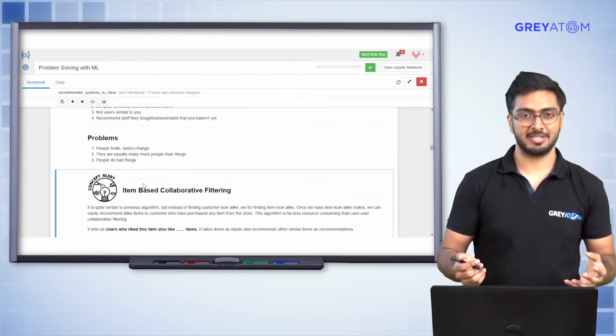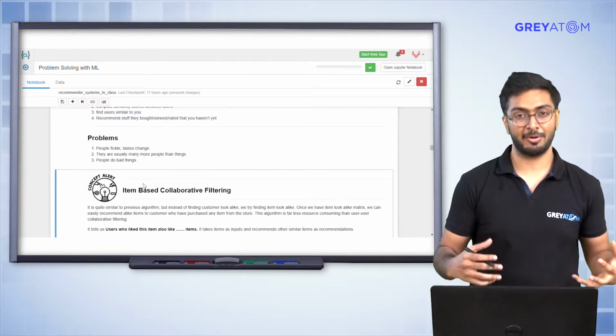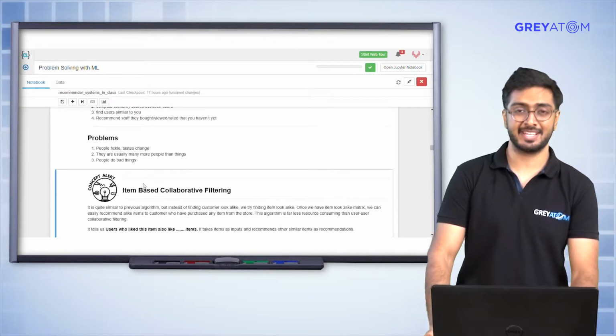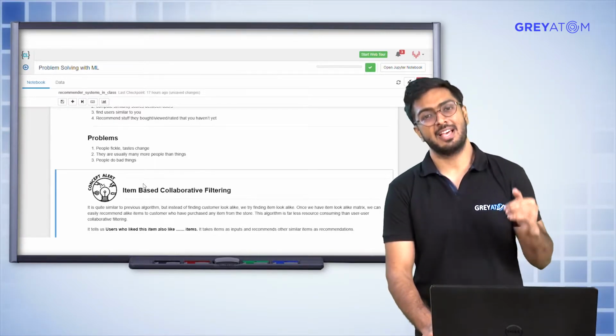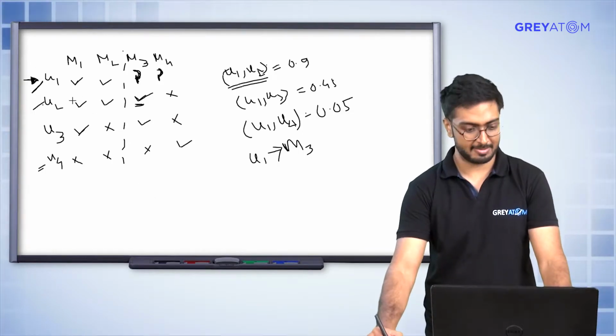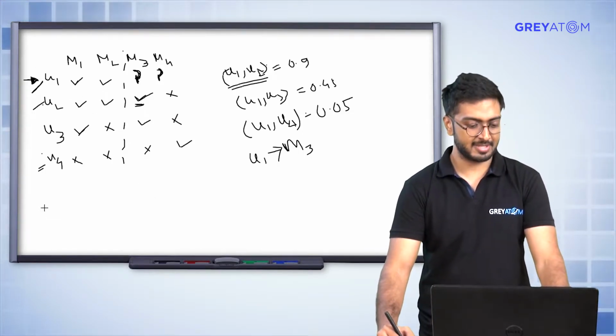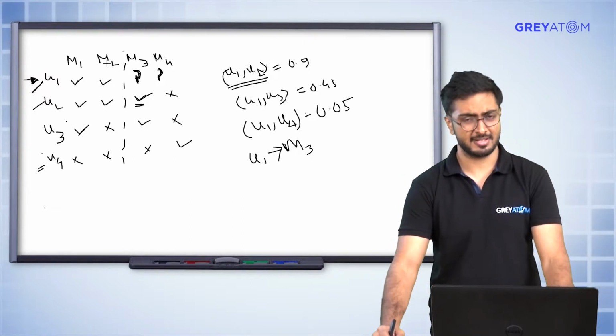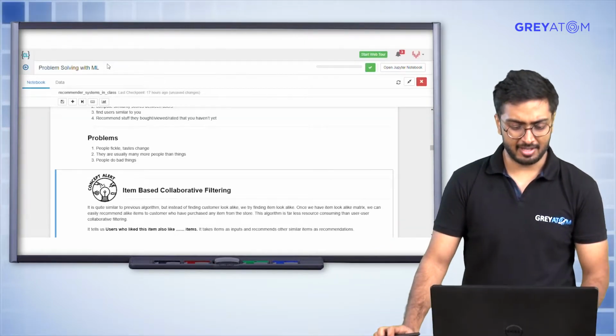And the second problem is that there are usually many more people than things, which implies there are a lot more users than items. On this curve, the number of users is a lot more than the number of products, and that happens for any e-commerce company.